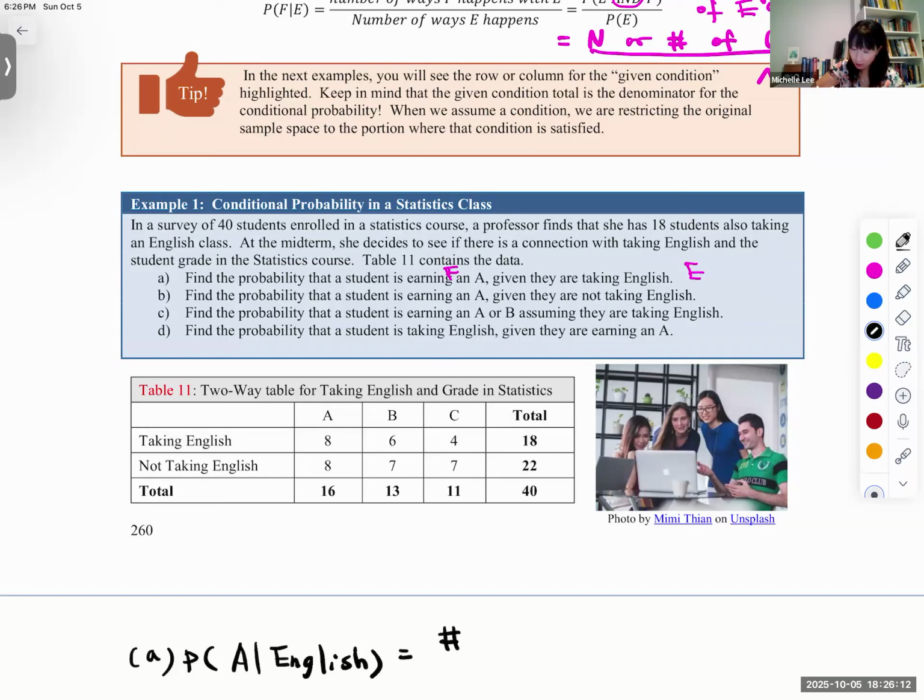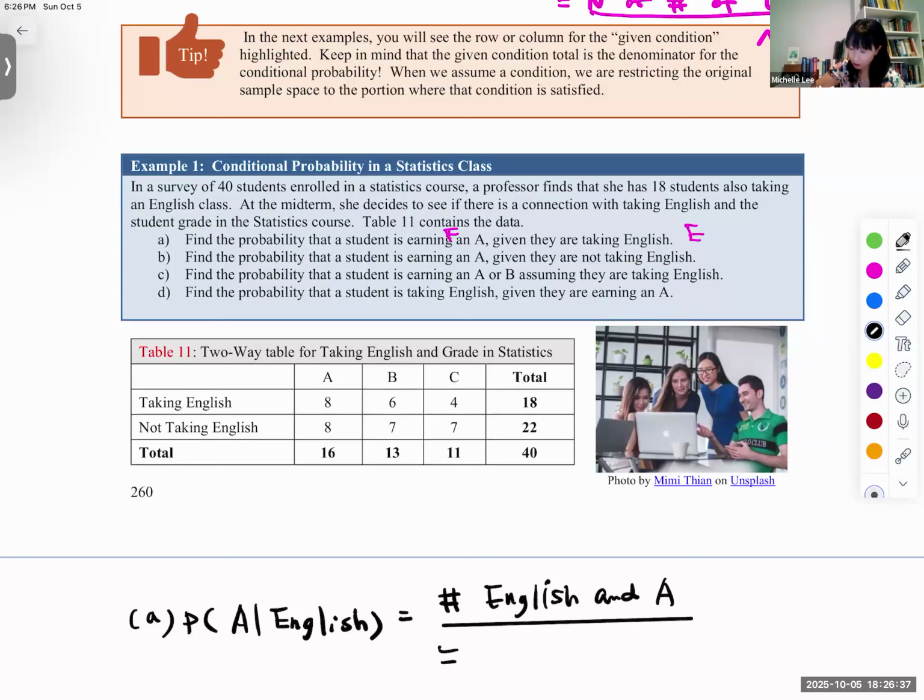So the number of taking English and earning an A, over the number of taking English, bringing down event E. It's hard to memorize the formula.